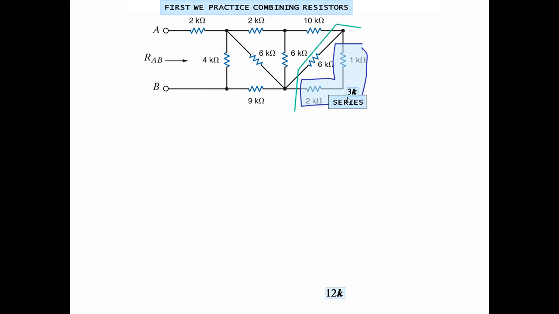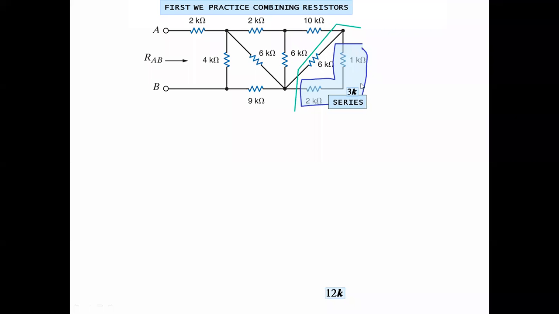After that, you can see that this 3 kilo ohm resistance and 6 kilo ohm resistance will come in parallel, right? Because both the terminals of the 3 kilo ohm and 6 kilo ohm are connected to a common point. So this combined resistance of 3 kilo ohm and this 6 kilo ohm are connected in parallel.